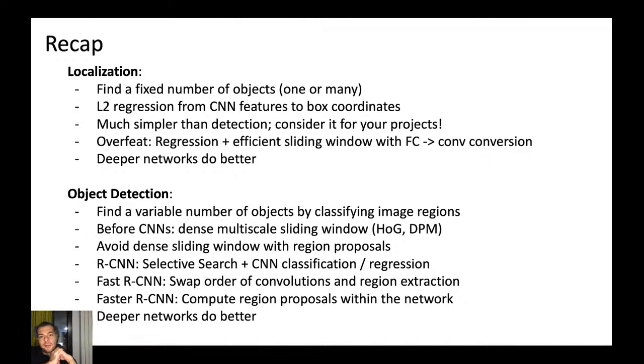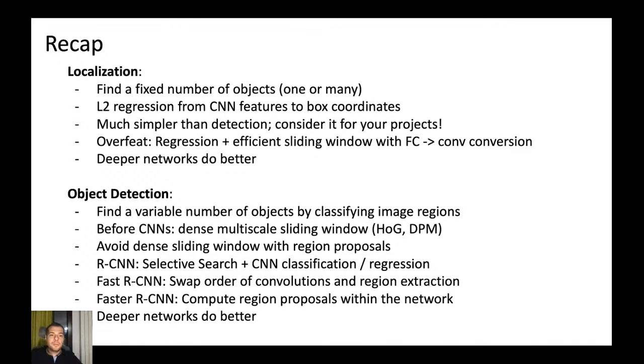So for localization, this is applied when we have a fixed number of objects. The common application is when we have only one object per image. In order to obtain the bounding boxes, we apply regression using the L2 loss. It is much simpler than object detection.